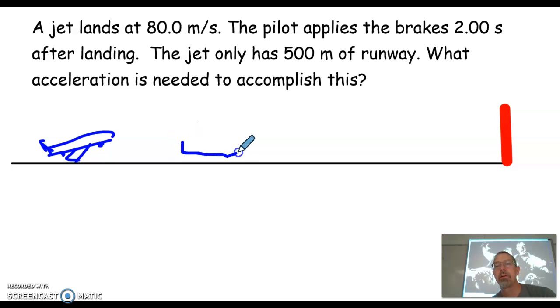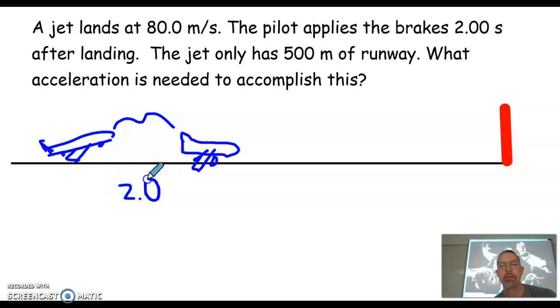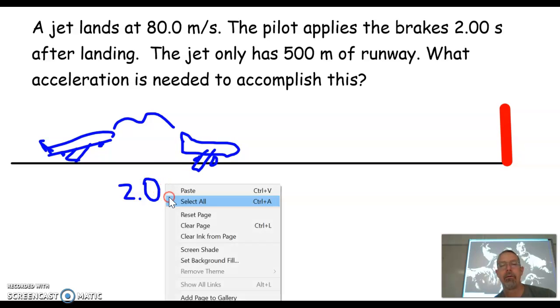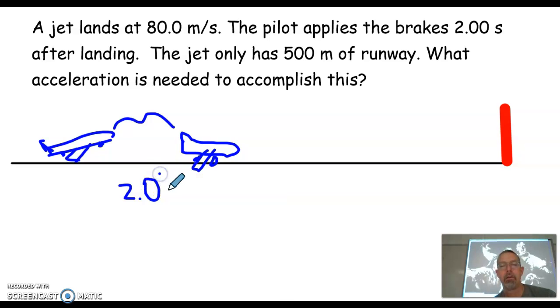Okay, so we're going to draw the plane here. It's going to have coasted for 2 seconds before it starts braking. You'll have to apologize for my drawings here. Let's make sure this plane can land. For these 2 seconds, this plane is going to be traveling at a constant velocity. So for 2.00 seconds it is going to be traveling at a velocity.